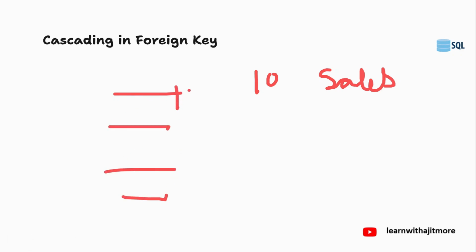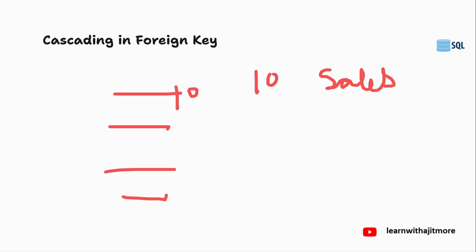Getting it or no? So what action to take on those child records is decided by cascading rules. And how to give those cascading rules? On delete, what to do; on update, what to do. You have to give it when you give the foreign key, after the references.